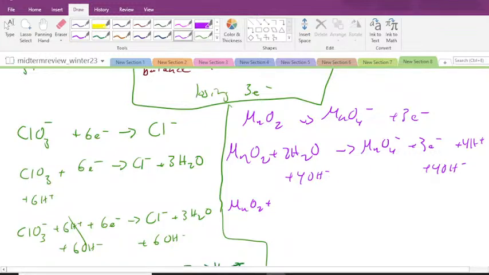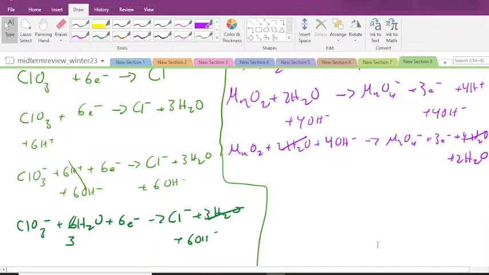And we'll probably have to do some water addition, subtraction again. So then I have 2 and 4 H2O, so this can go away, and this becomes 2 H2O. So now this is our other half reaction.